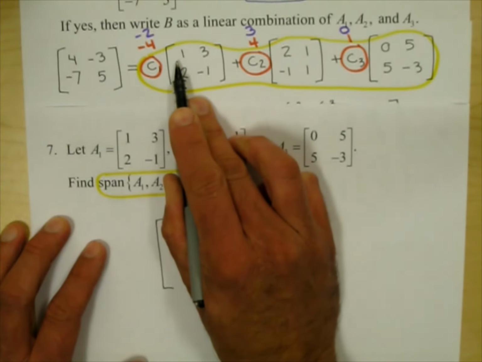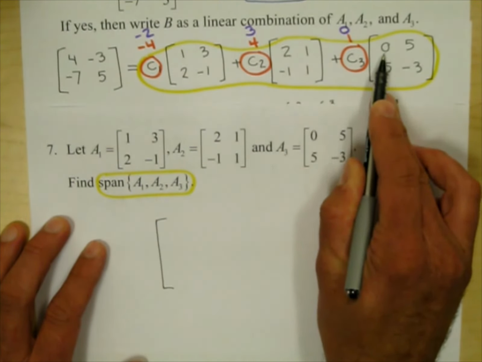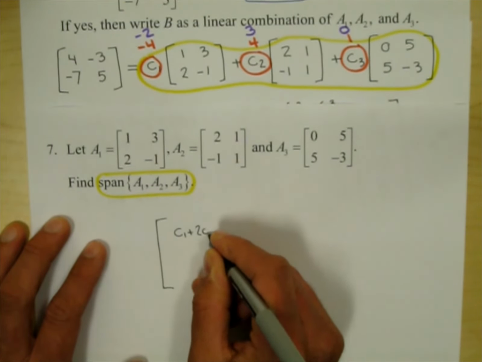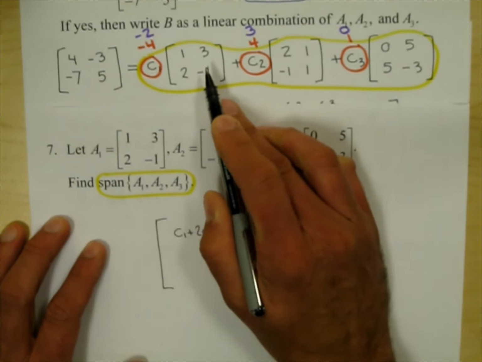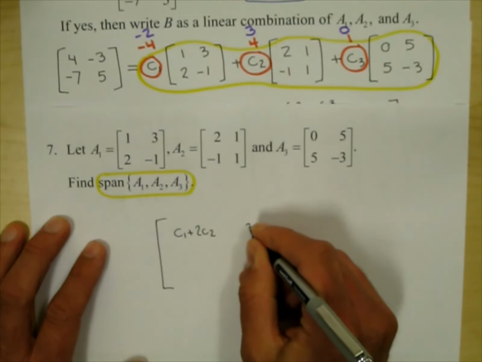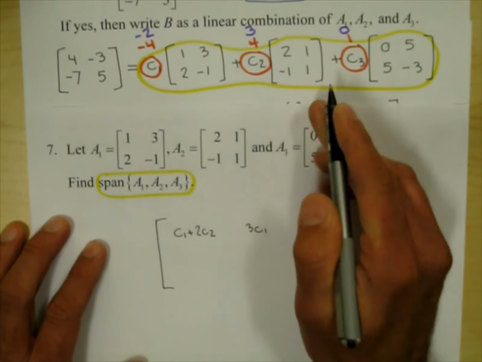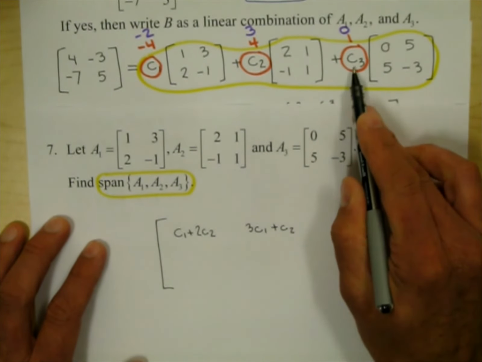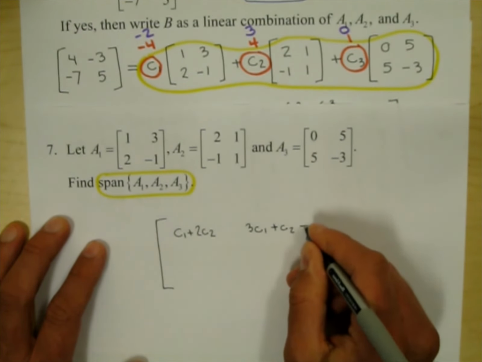So I'm just going to say this is C1 plus 2C2, and then there's a 0 there. So C1 plus 2C2. And then the top right is 3C1 plus C2 plus 5C3.